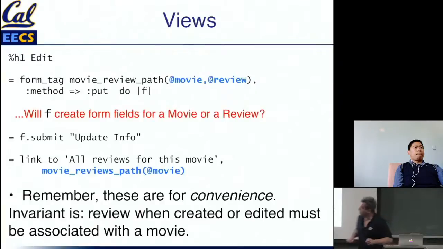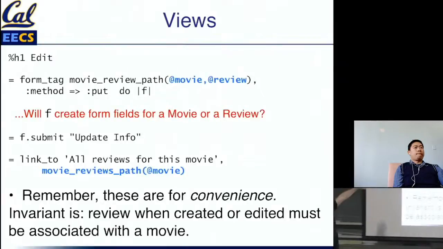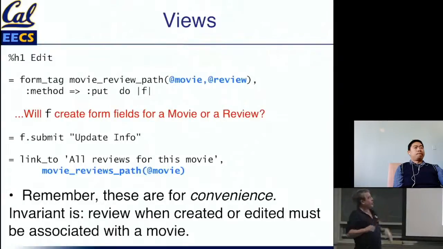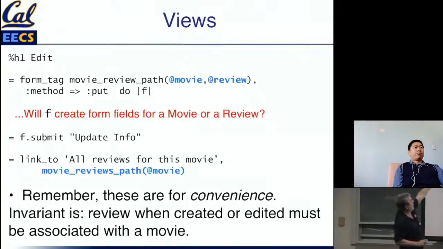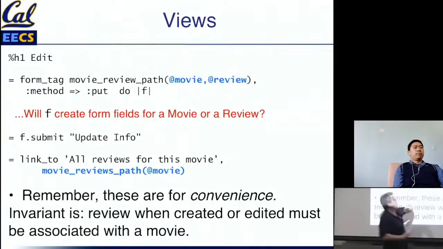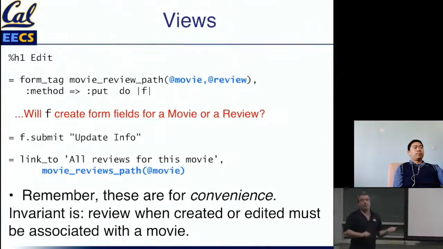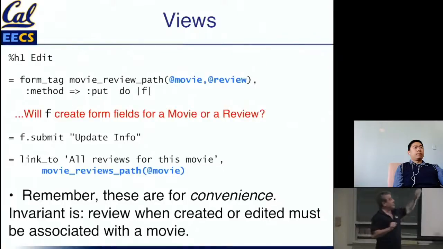OK, and then the last thing is, what can you do in the views? So we've already seen that there are these nice form tag helpers where you can pass the RESTful route that becomes part of the form submit. So same thing here, except that now, if we're editing a review, we don't pass only the review instance to the route helper. We also have to pass the movie instance, because we want the submit to actually include both of those things.